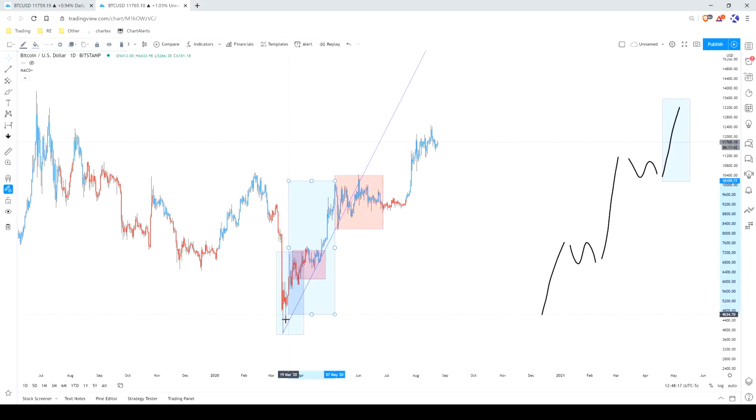So realistically, now we're looking at something like this. We have an impulse, a corrective wave, and now we're looking for an impulse out of it.